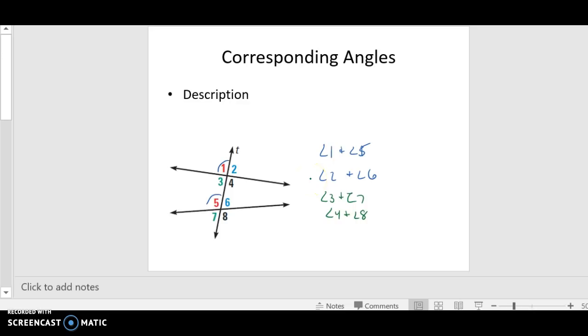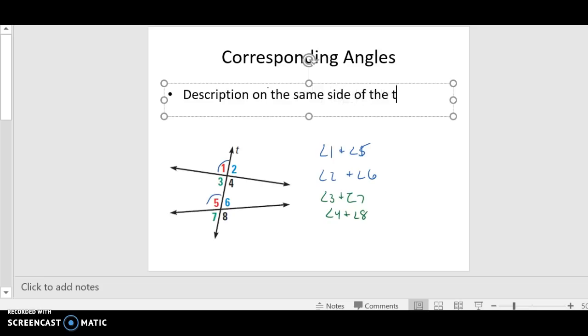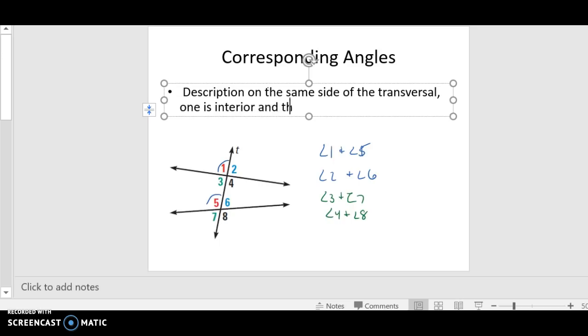Now, what I like to do is describe these when possible. An easy description to help you remember these is that corresponding angles are on the same side of the transversal, and there one is interior and the other is exterior.